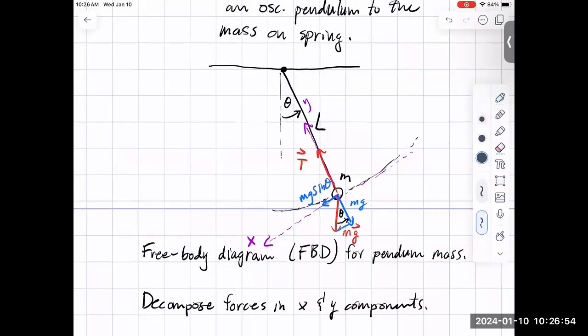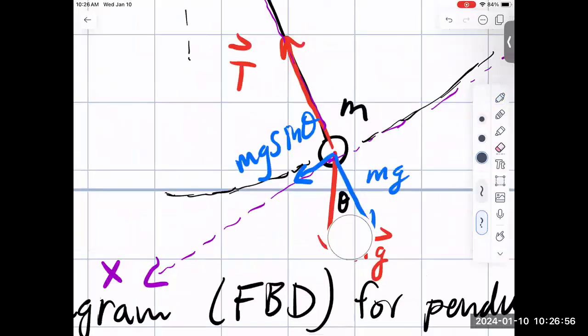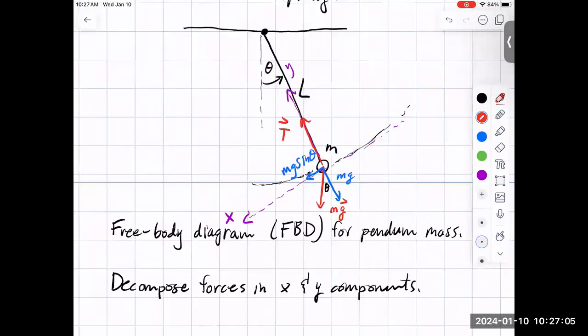And then CAH, cosine, is adjacent over hypotenuse. The adjacent side is the side that is next to the angle, and that's the one on our y-axis here. And so we have an mg cos theta.